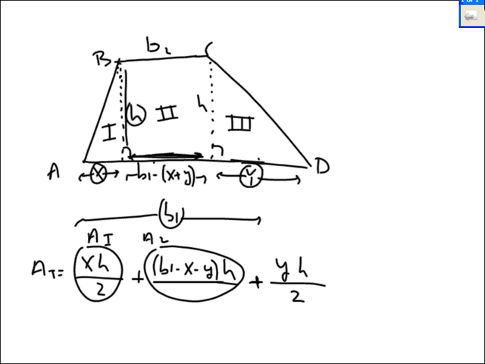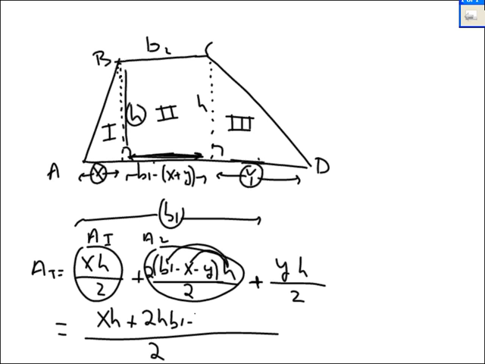Now, to have a common denominator, I'm going to multiply over here, top and bottom, by 2. So everything is over 2. We have XH plus 2H B1 minus 2XH minus 2HY plus HY. Combine like terms, see what we get.